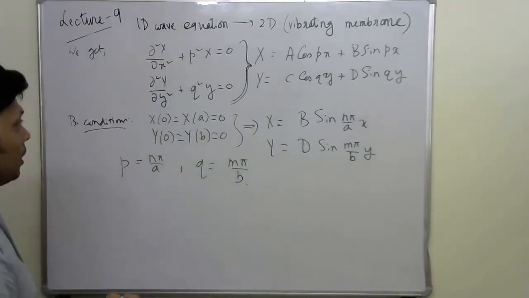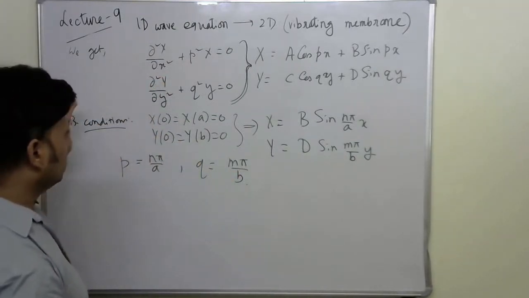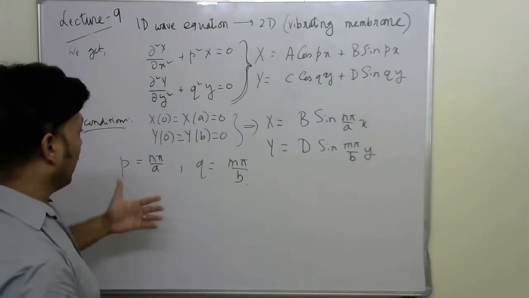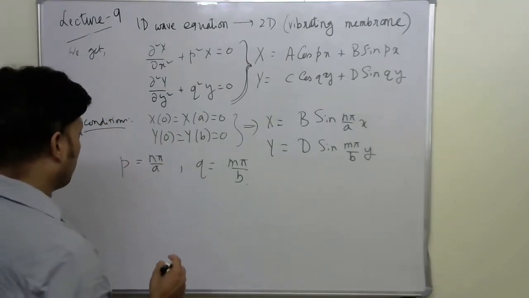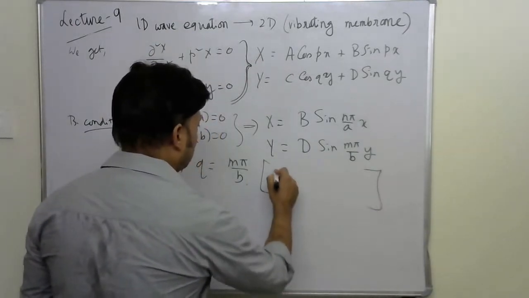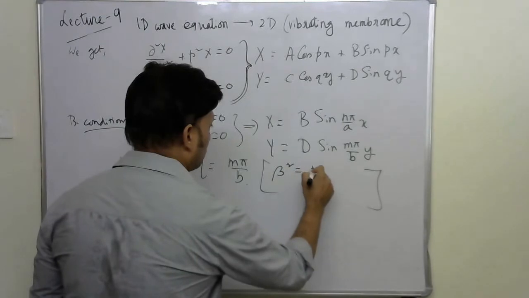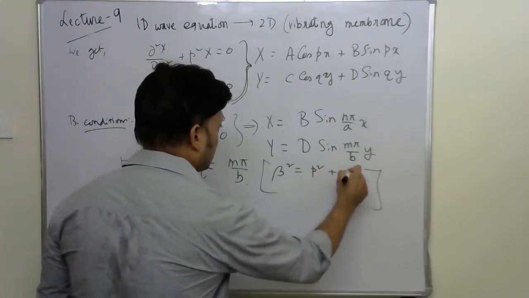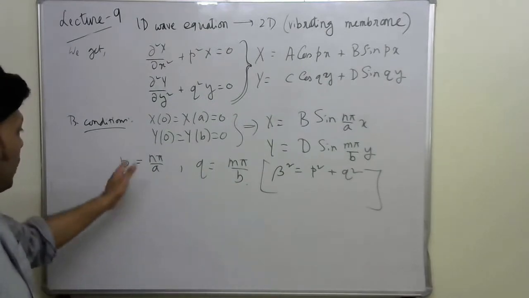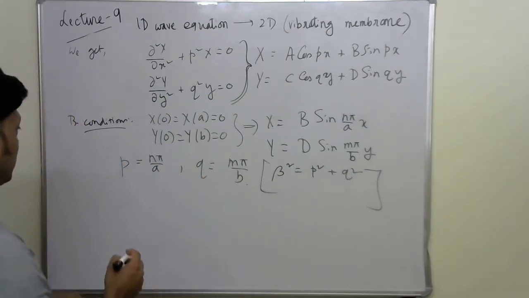Now we can equate our beta value with these. What was our beta value? Previously we assumed that beta squared is equal to p squared plus q squared. Now we can easily put those values in.